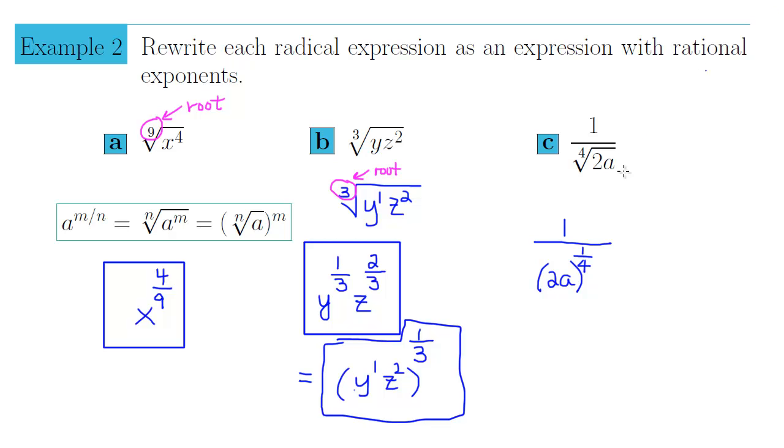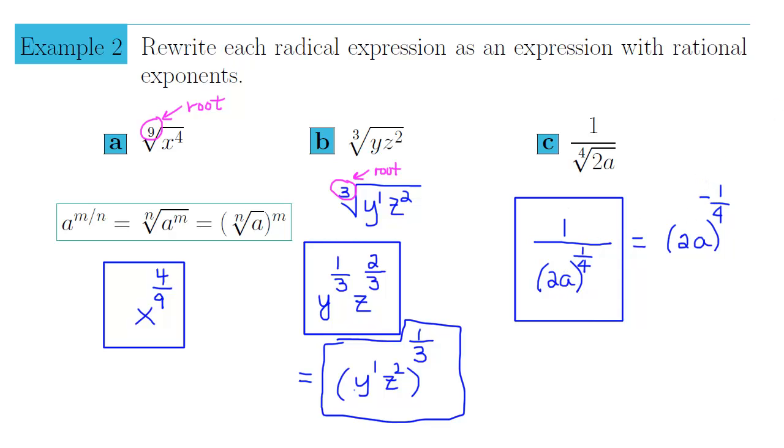That is perfectly acceptable as having an expression with rational exponents. But just so we know that there is an equivalency, I can rewrite this to have a negative exponent, can't I? This is the same thing as taking 2a and raising it to the negative 1/4 power.